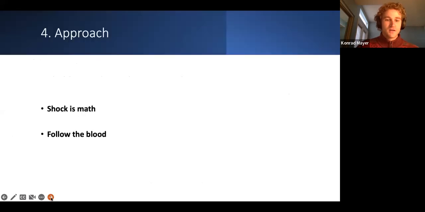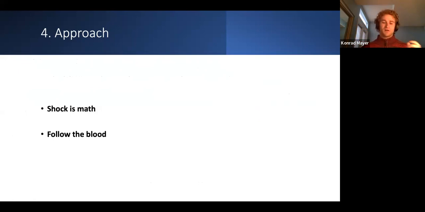Now moving on to the approach. There are two ways to think about shock that I use when thinking about what's going on with a patient, or understanding, okay, if this patient has this problem and now they're in shock, how did that happen? And how can I treat this?